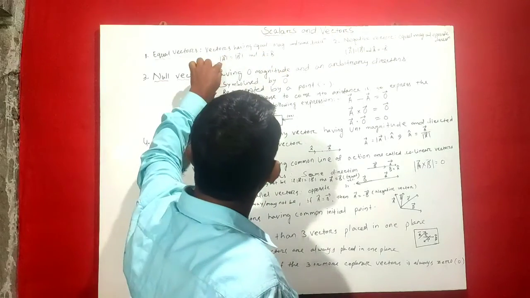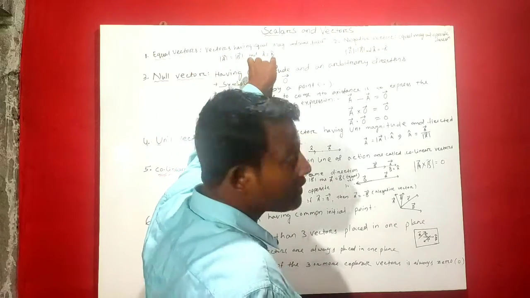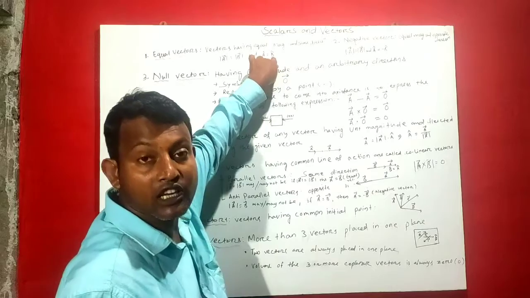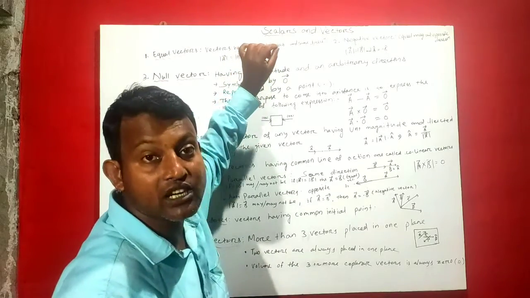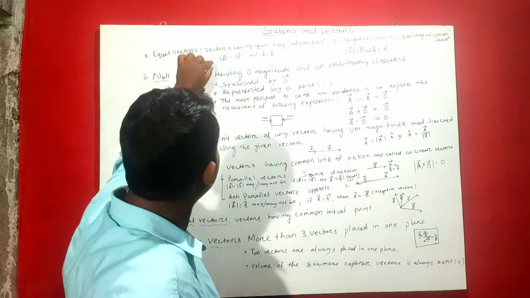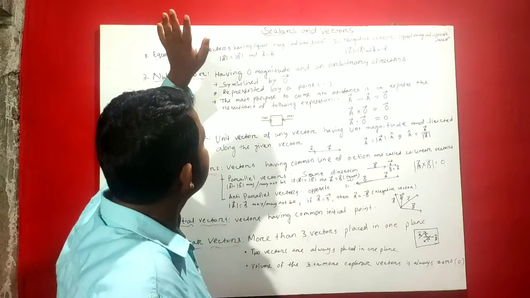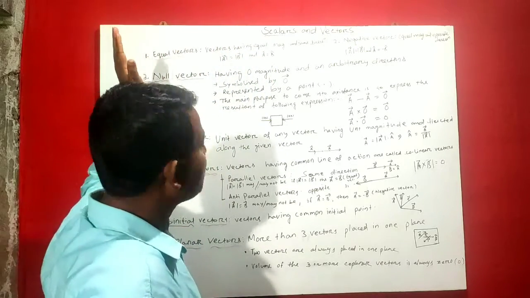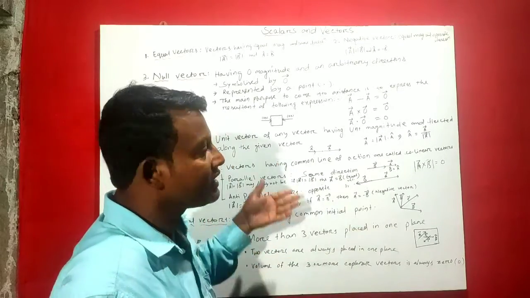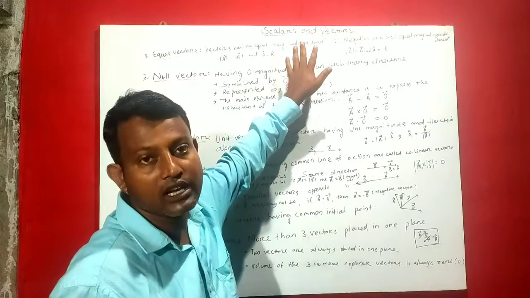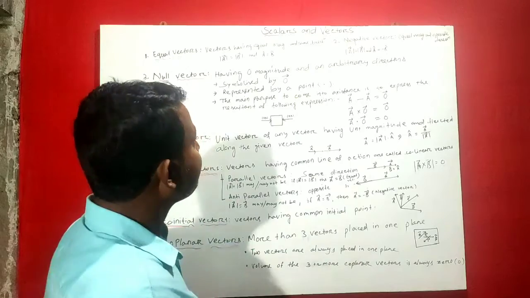That means the unit vector of A is equal to the unit vector of B. The unit vector gives the direction of the vector. Where magnitude as well as direction are the same, we call these vectors equal vectors.